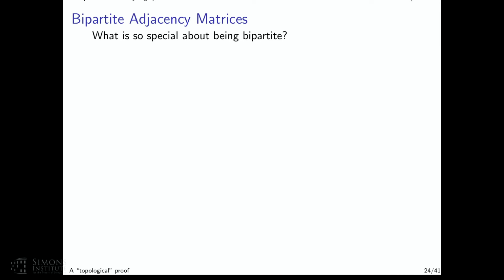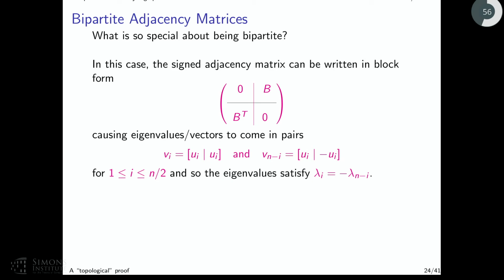I want to mention something about being bipartite. Why is this necessary? In this case, the signed adjacency matrix can be written in block form: 0, B, B transpose, 0. This causes the eigenvalues and eigenvectors to come in pairs. In particular, if lambda_i is an eigenvalue, then minus lambda_i is an eigenvalue.